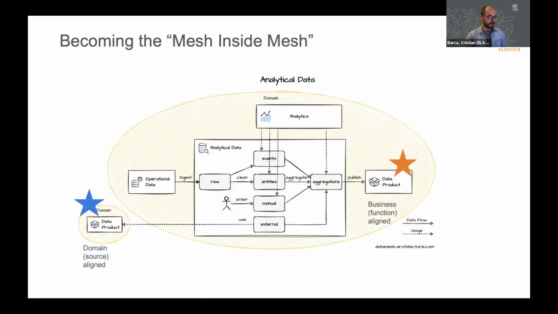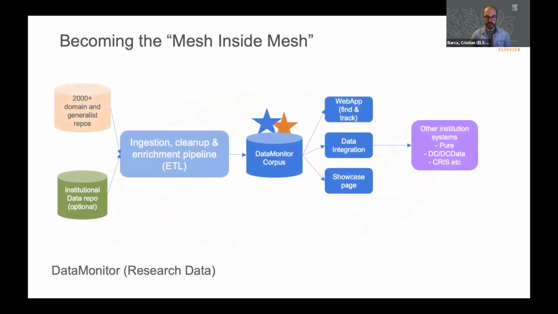Where I'm trying to get is basically to carry you over to what it meant for us becoming the mesh inside the mesh, right? And I'll focus on the two stars here, the orange and the blue one, because they resemble what we used to have in our product some time ago, which is two facets, two dimensions of the same data, but we were putting it all together in one corpus.